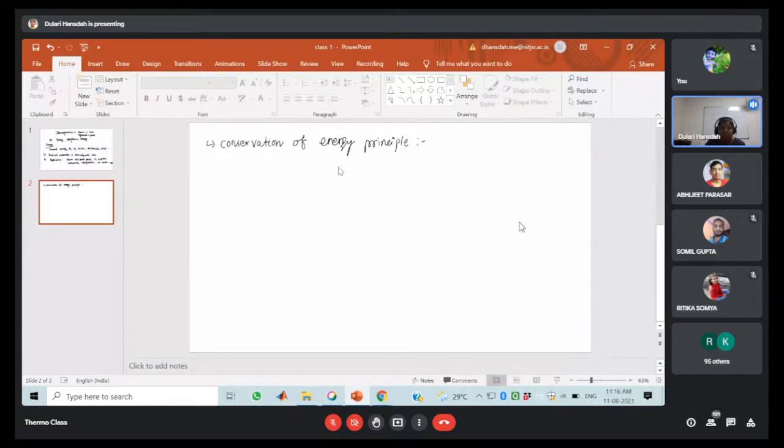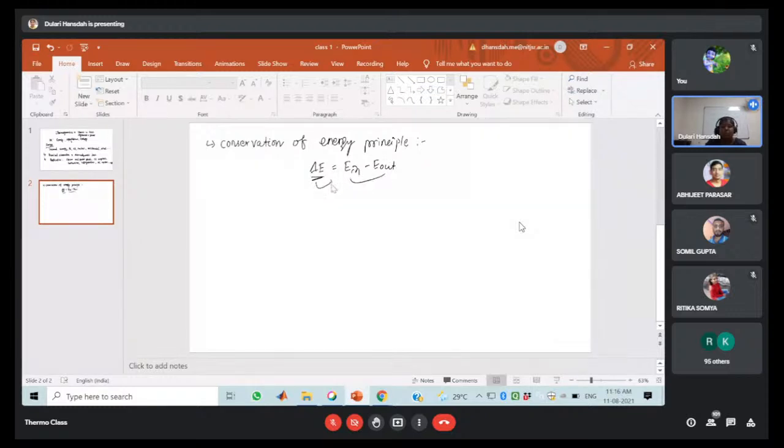Suppose any system has some energy input and some energy output. In that case, the energy change is equal to E in minus E out. If you see this equation, there is an energy balance.